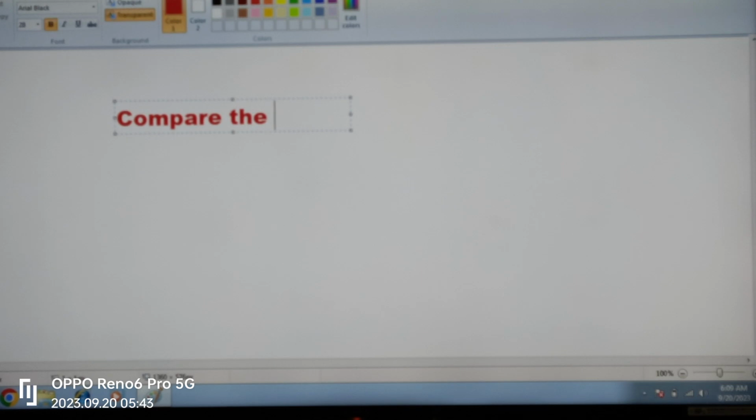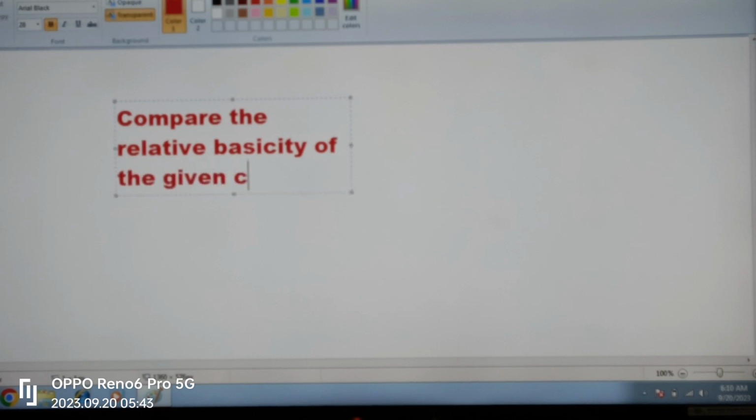Compare the relative basicity of the given compounds.